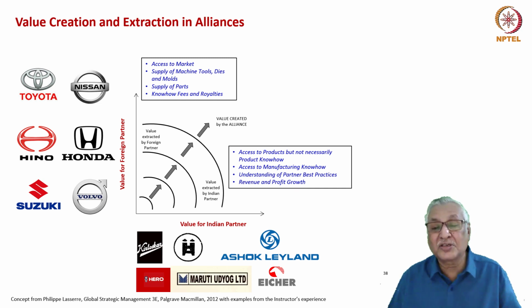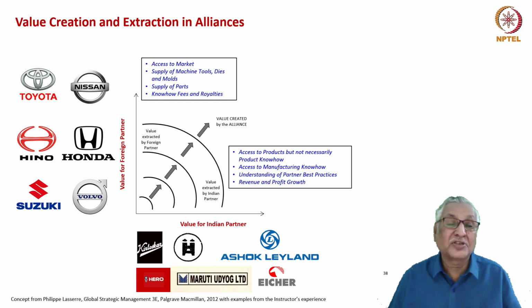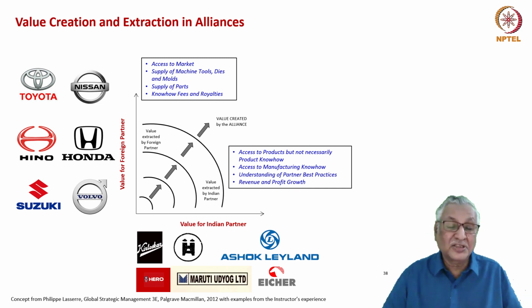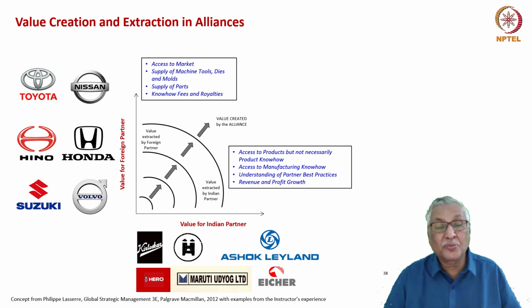So there is a value extracted by the Indian partner. There is a value extracted by the foreign partner. But what is important is that this alliance creates, cumulatively and jointly, far more value than the value that is extracted or leveraged by the Indian partner or the foreign partner. You can see the examples of the Toyota Kirloskar alliance, Nissan's alliance with Renault in India, Ashok Leyland's alliance with Hino, the Hero MotoCorp alliance with Honda, the Maruti Suzuki alliance in its early days before it became a Suzuki-owned company, and the Eicher Volvo alliance.